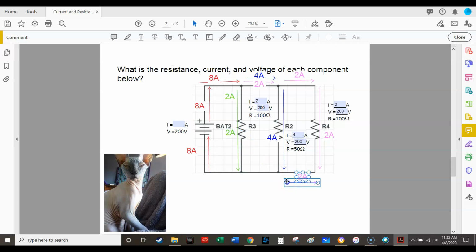And that means 2 amps on the bottom is leaving. It has gone through this 4 ohm guy, and it's going to be combining with that 4 amps. And those currents will be combining together.